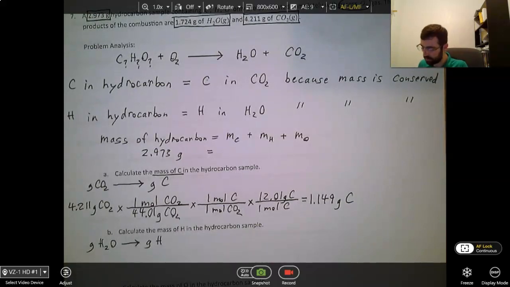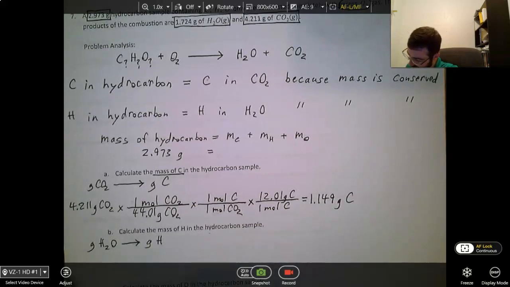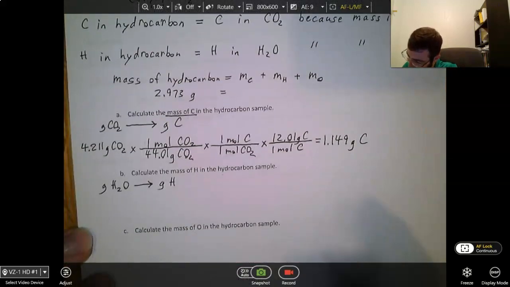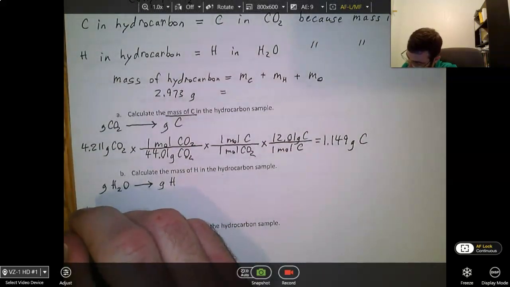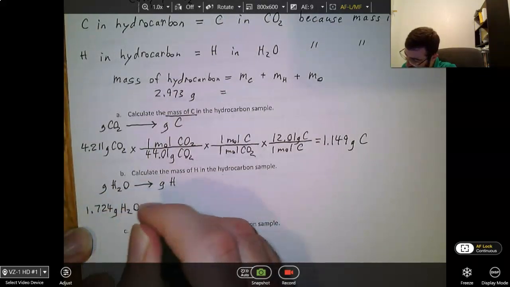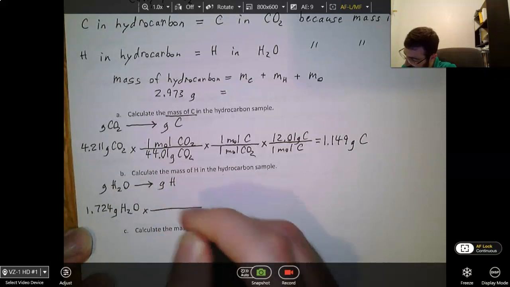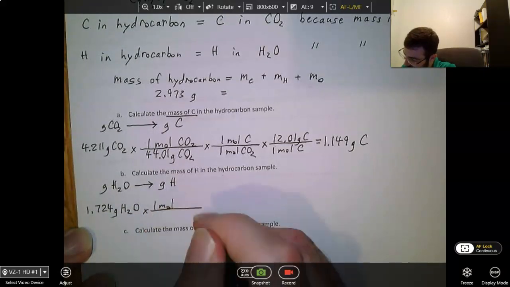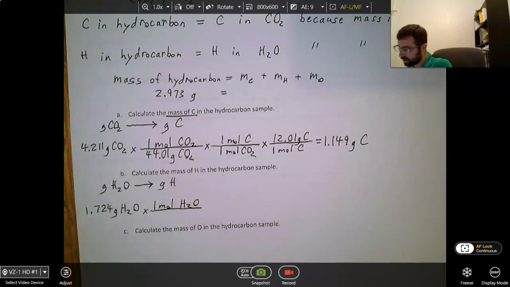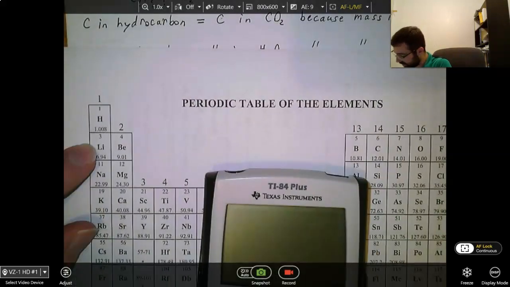Now for H2O. The mass of H in the sample, I'm going to start with the mass of H2O, 1.724 grams of H2O. 1 mole of H2O is equal to, if we look at our periodic table, water is hydrogen, which is 1.008 times 2.